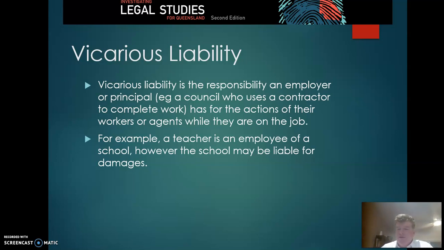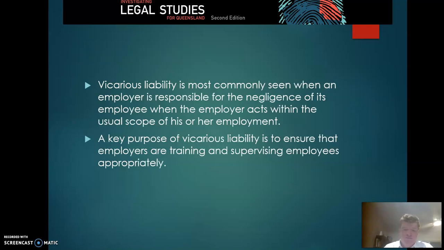So if there was an accident and one of you got hurt in legal studies, and I was just doing my job in a normal way, you'd probably more likely just sue the school than sue myself, because the school's responsible, even though I might have been there supervising, providing my supervision was reasonable. And it's most common when an employer is responsible for negligence of an employee.